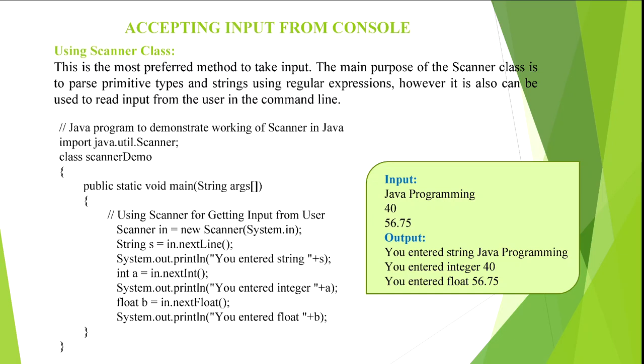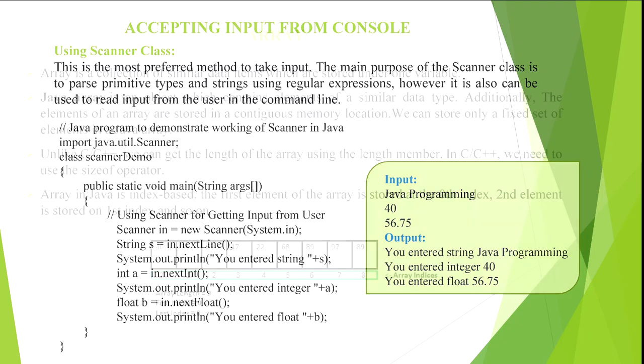This plus symbol concatenates the value of that variable along with the message. The second output is you entered the integer 40, and the last output is you entered the float 56.75. Clear? Means you use either the BufferedReader class or the Scanner class to read the input from the console.